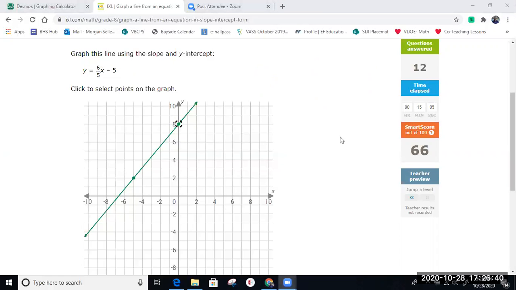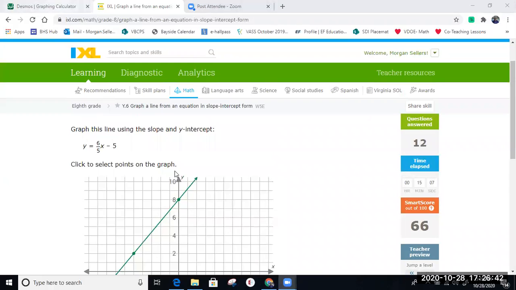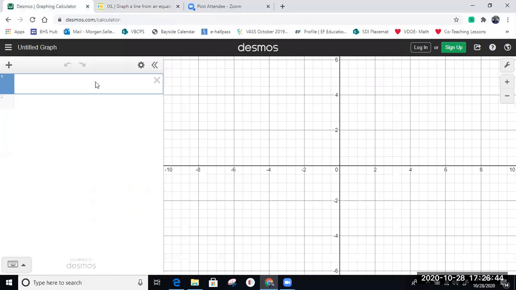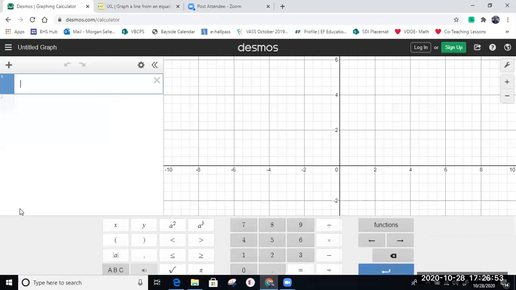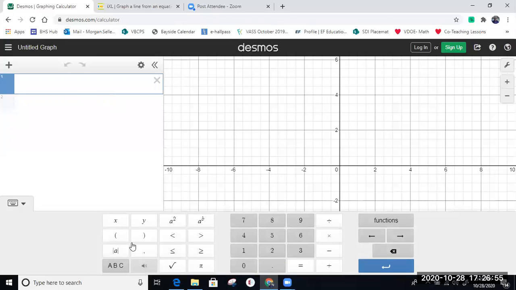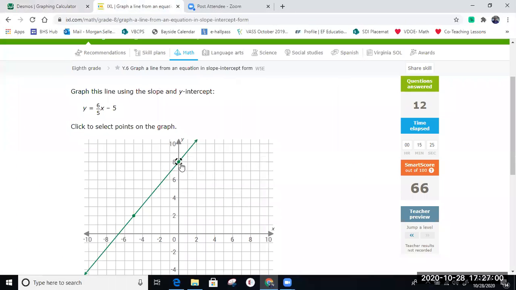Okay, so the next thing I wanted to show you is how to do some stuff in Desmos. So this is Desmos. And I usually type it on my keyboard, but I'm going to show you here too. Let's say you wanted to check yourself before submitting on here.